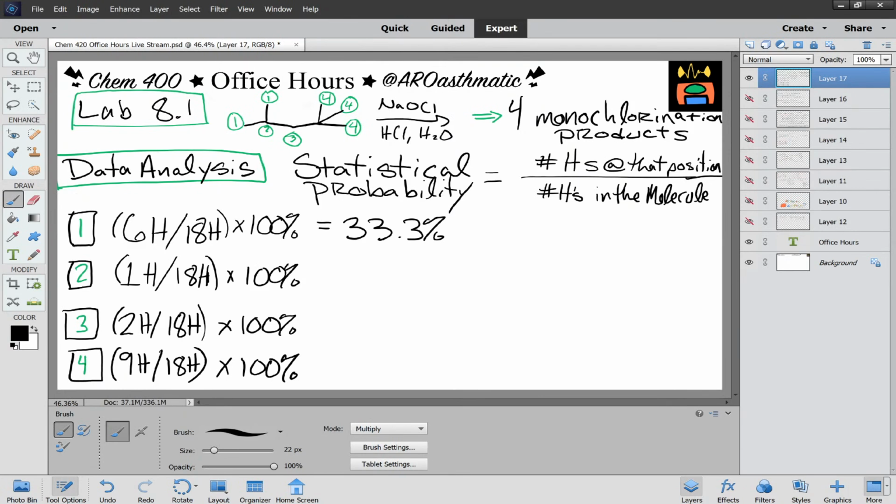So there's a 33.3% chance of chlorination happening on that site, statistically speaking. The second site, there's only 1 out of 18 hydrogens.